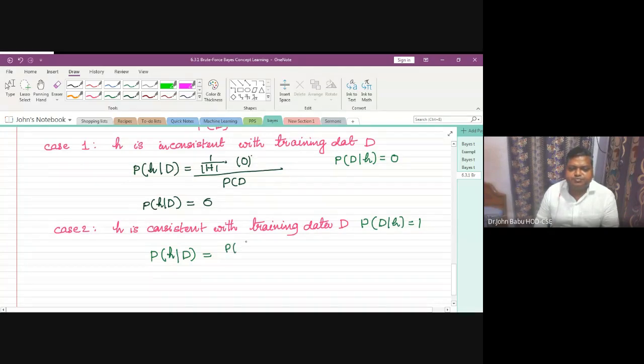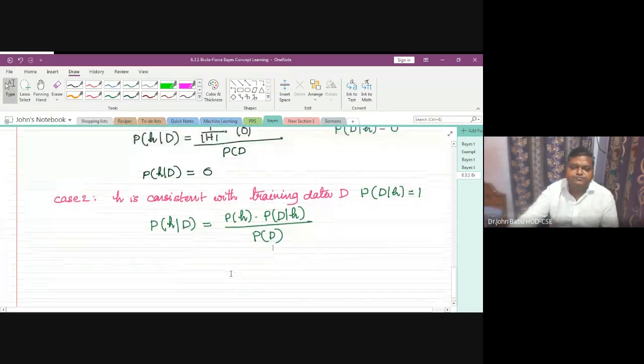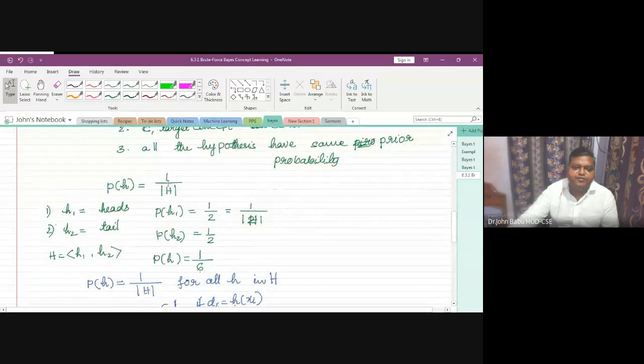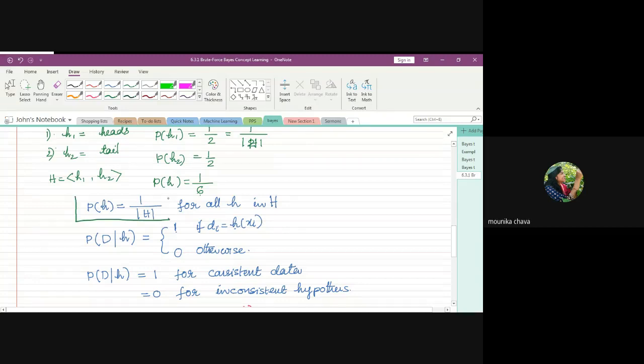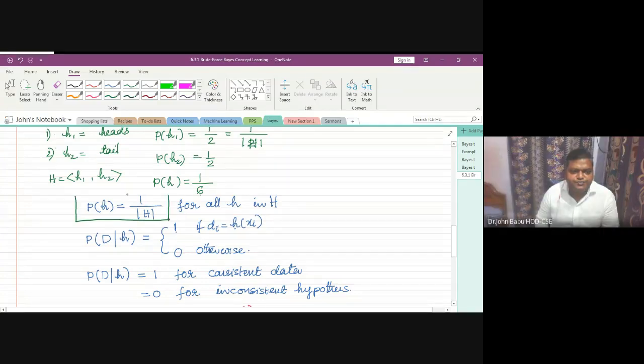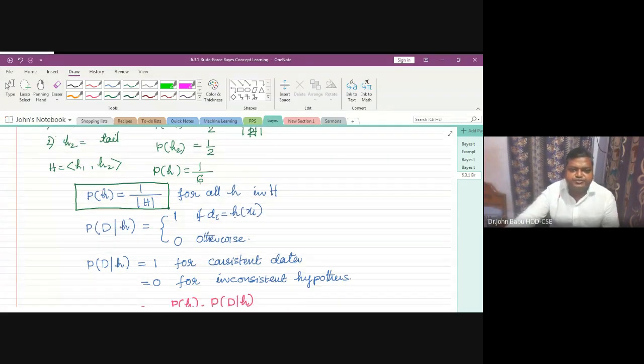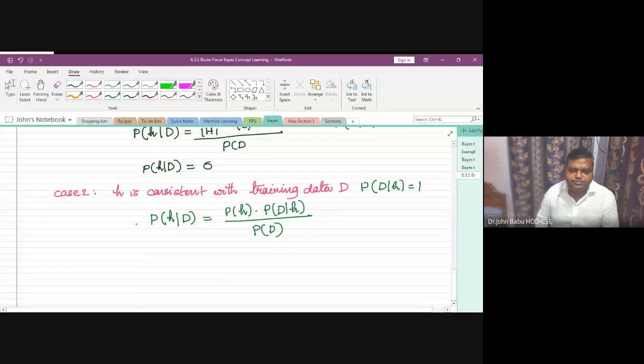Same formula again, probability of H into probability of likelihood D by H by probability of D. What is the value of probability of H? 1 by magnitude of H. Just like 1 by 2 and 1 by 6, like that, magnitude of the hypothesis, number of hypotheses.